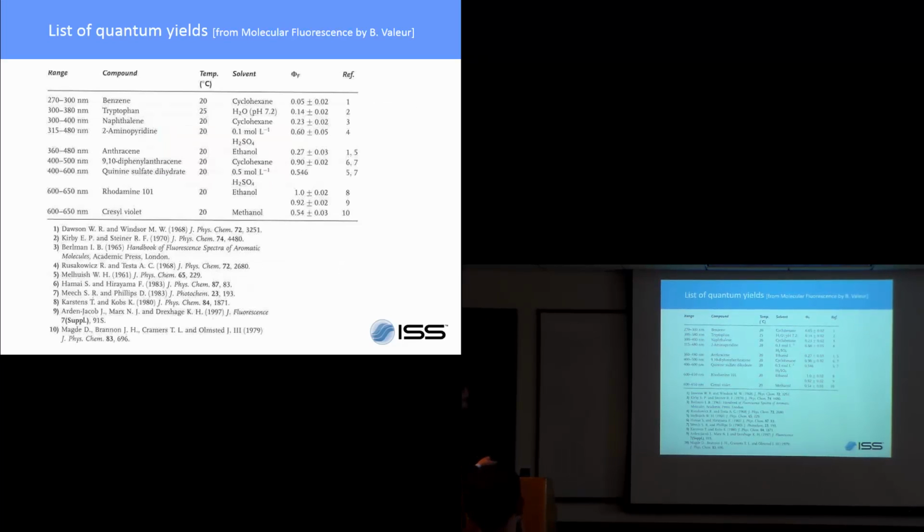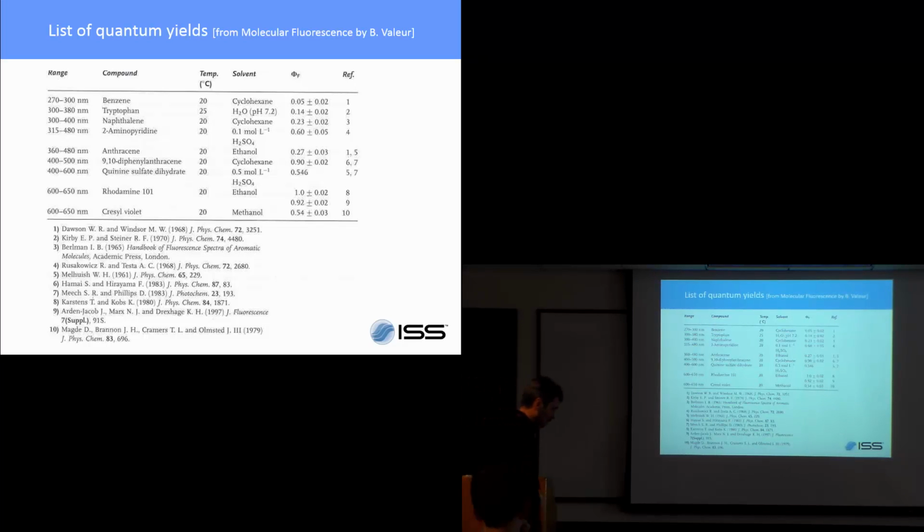This is a table that reports the quantum yield of a few substances, benzene, tryptophan, and you can see that we go all the way from low values, like 0.05, to 1, like rhodamine.